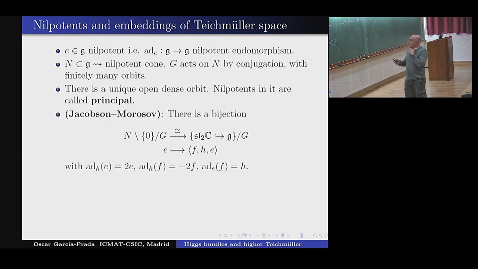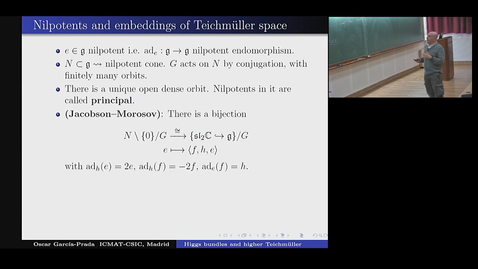And the Jacobson-Morozov theorem tells us that there is a bijection between these classes of nilpotents, taking out, of course, the trivial one, and conjugacy classes of SL2 triples.